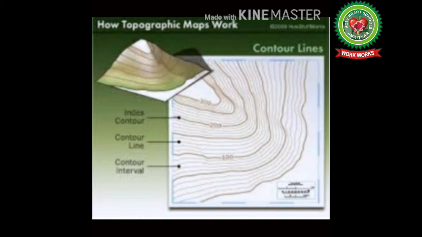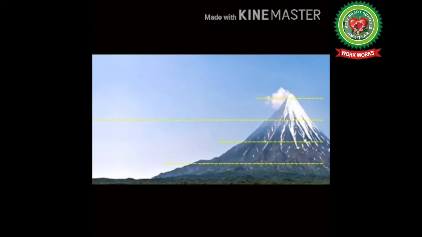In generalization, the main characteristics of the original contour lines must be maintained. Small irregularities in contour lines representing very small valleys, which are not repeated in the next higher or lower contour lines, can be omitted.